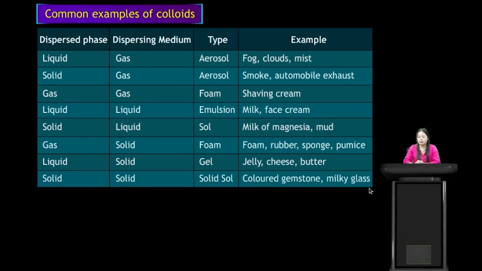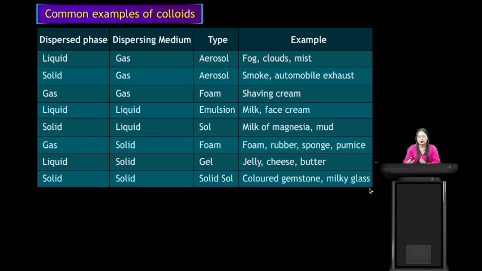The third property that we discuss is that colloidal particles are relatively small, so we cannot see them with our naked eyes, but they are big enough to scatter a beam of light passing through it and make its path visible.